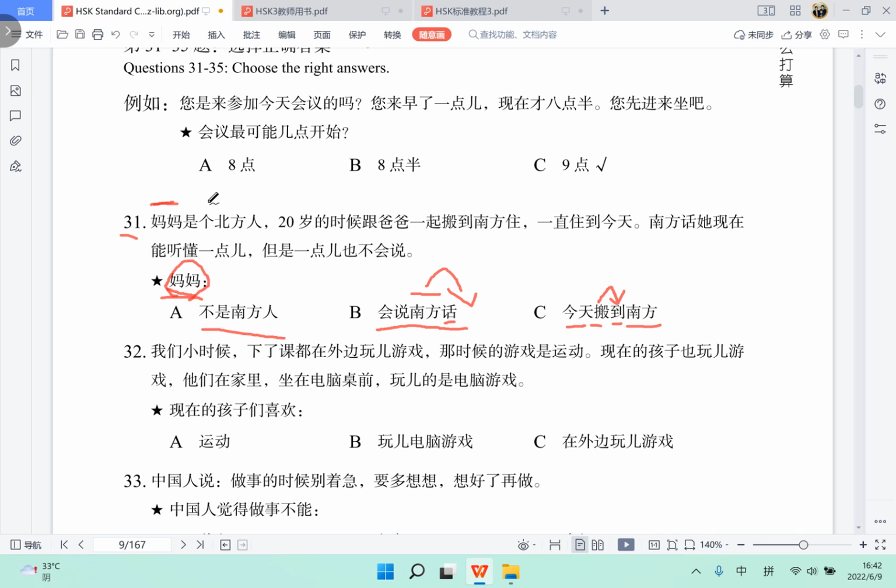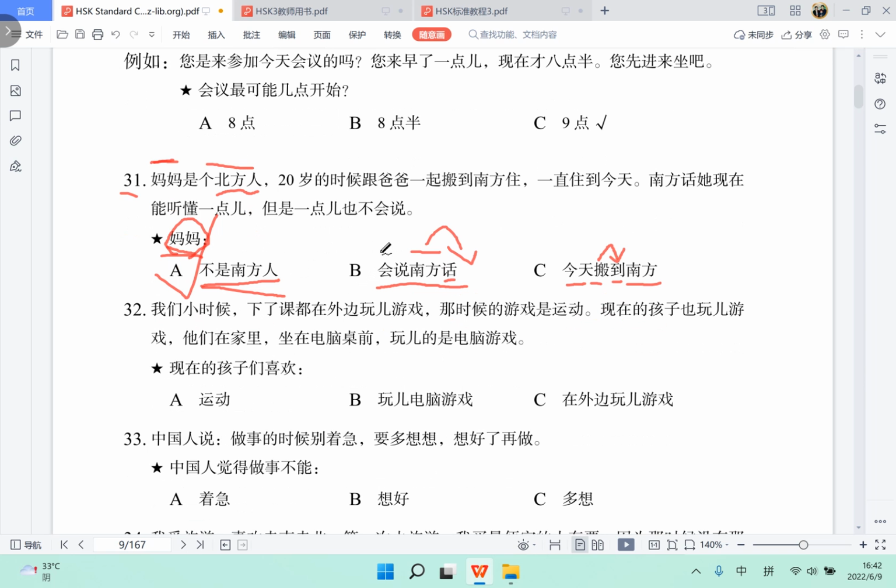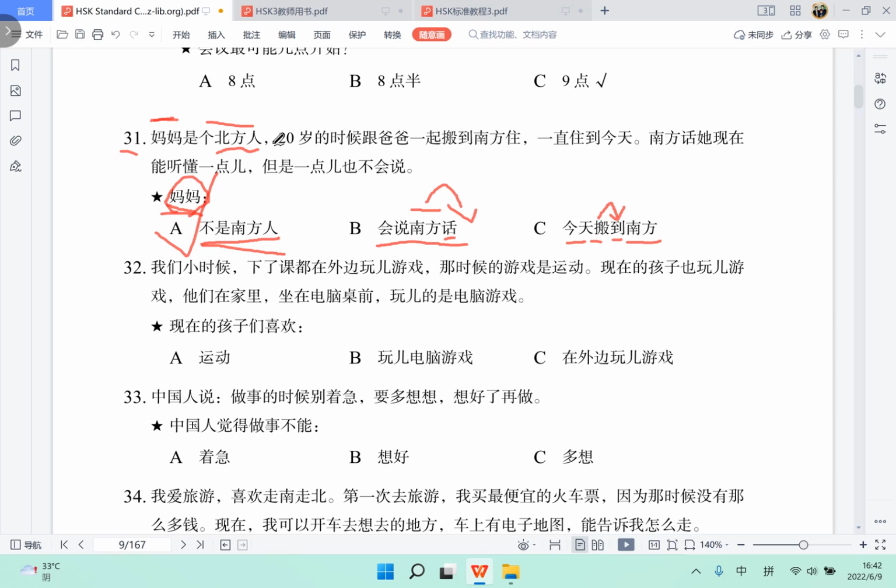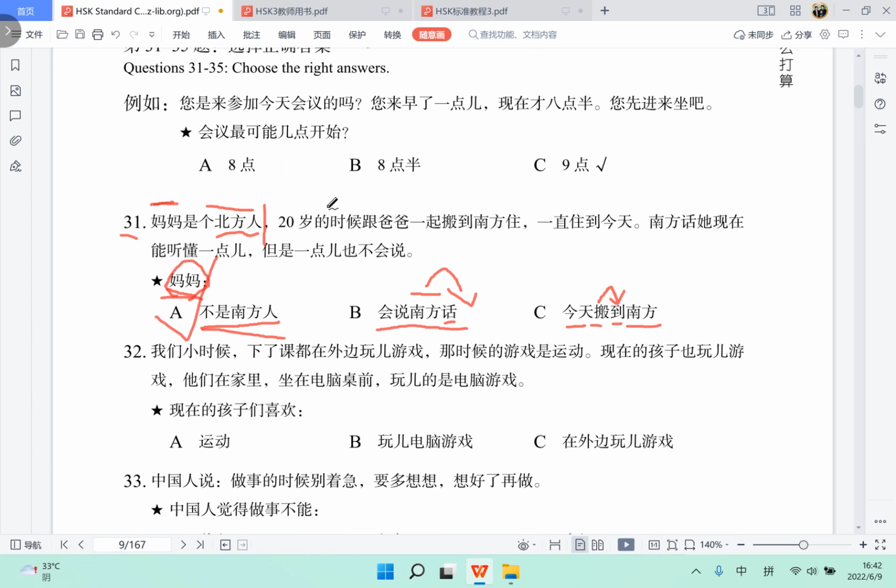So 妈妈是个北方人, Mom is a northern person. Definitely she's not a southern person. So this one we could choose A directly. So you can see here I didn't check the rest of the paragraph because there's no necessity to do so.